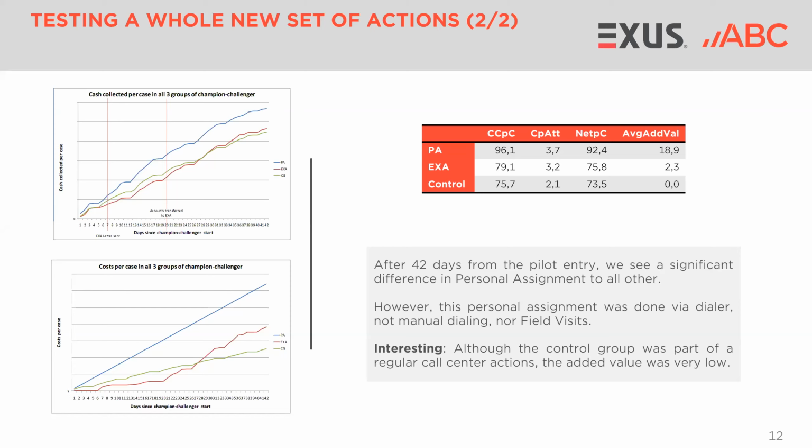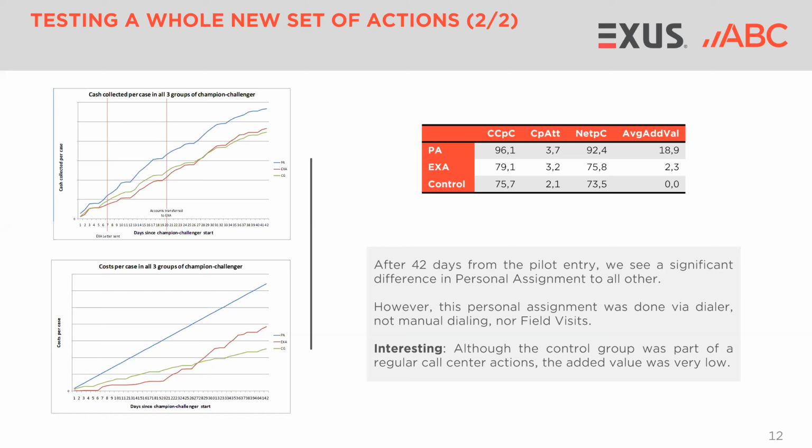So if we did this, we see that personal assignment is much better than the dialer. The thing is that if you do personal assignments, there could be a problem of capacity. If it's a field visitor who needs to work the case, call, and make sure they have the field visit, et cetera, then you're not going to process as many clients.